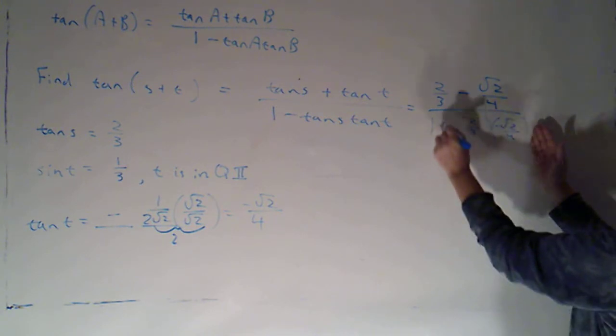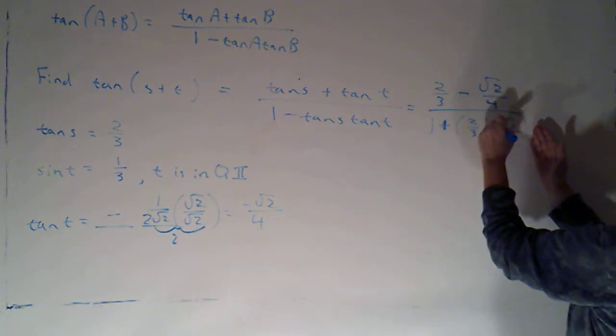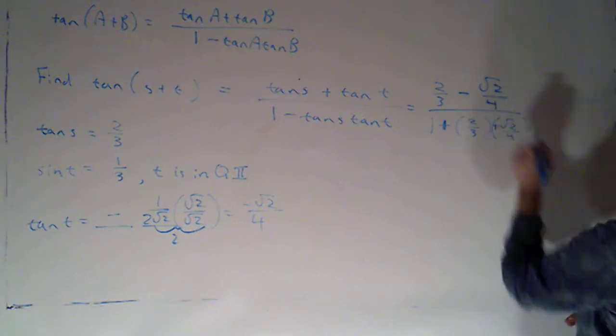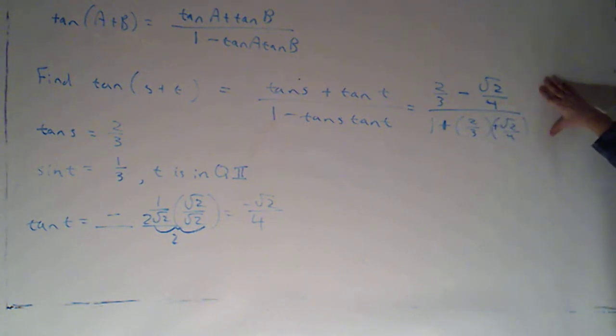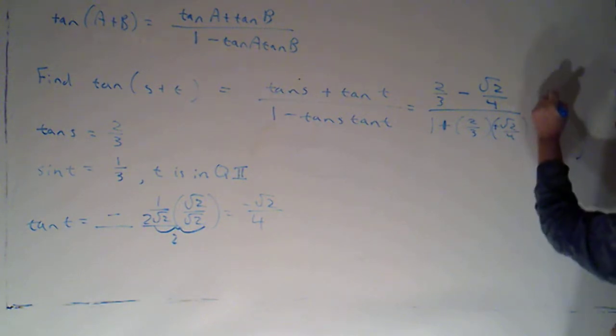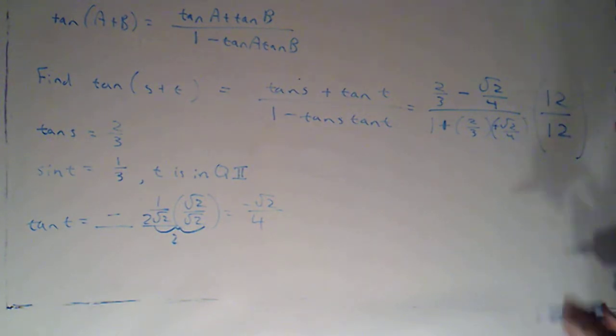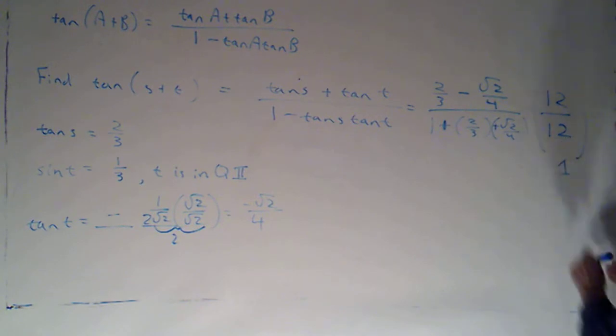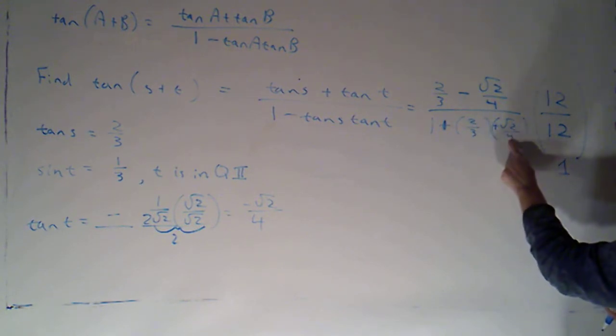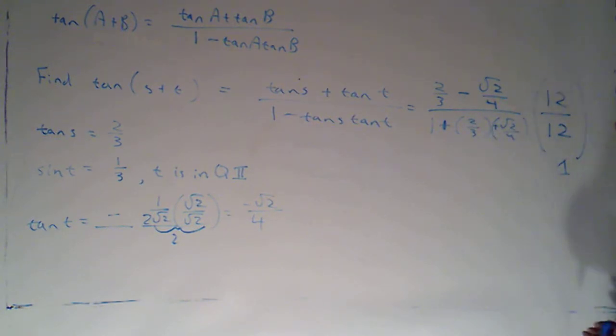I'm just going to bump that negative sign to the front here and make that a positive. Okay. So once again, we do have a complex fraction. I'm going to multiply by 1 in the form of 12/12. 12 is just the product of 3 and 4. It's the smallest number that will cancel both of those denominators.